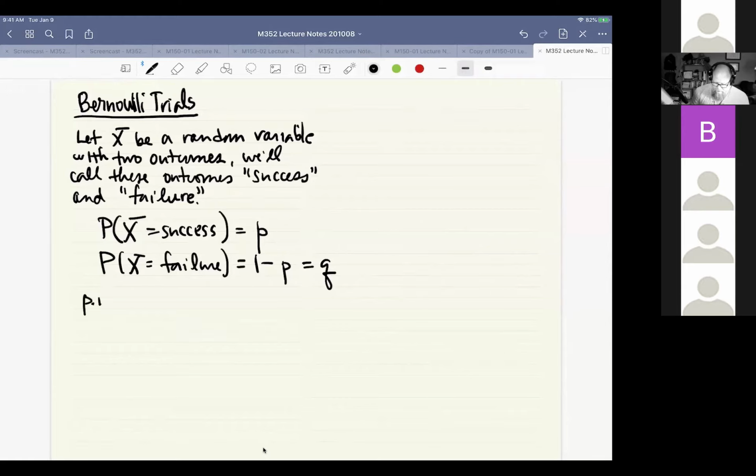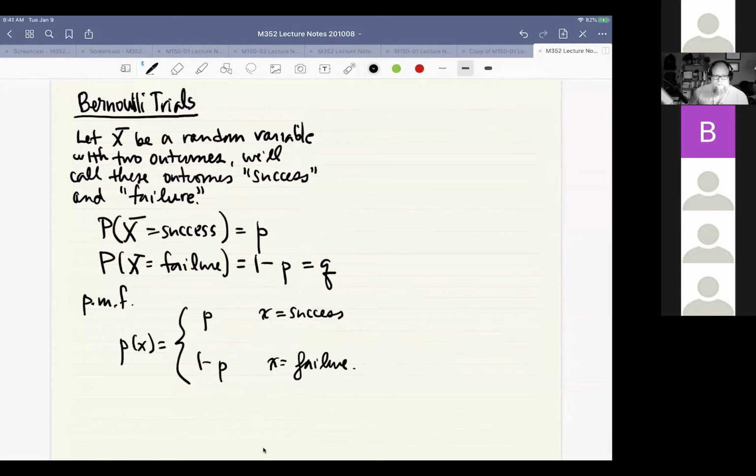So the probability mass function for this random variable would look like this: P of X equals p if X equals success, and 1 minus p otherwise. Okay, so that's the probability mass function for a Bernoulli trial.